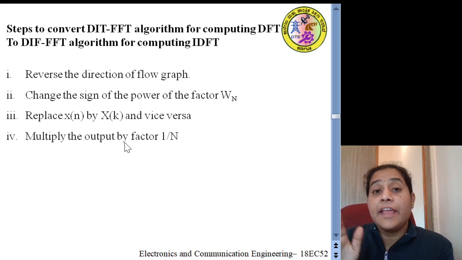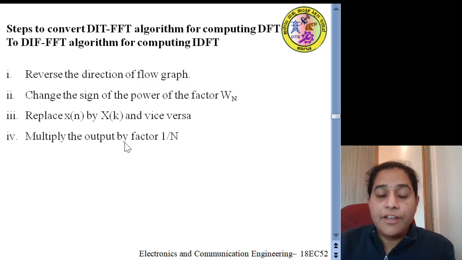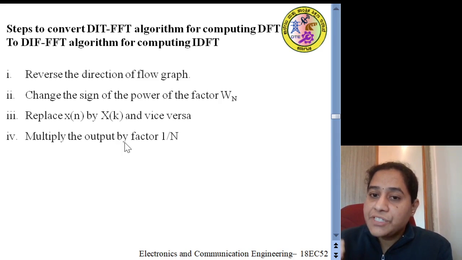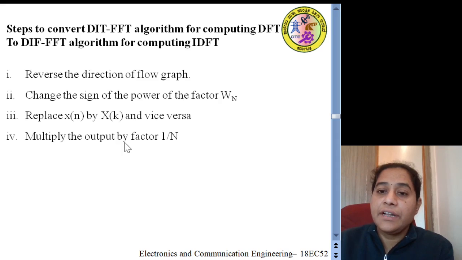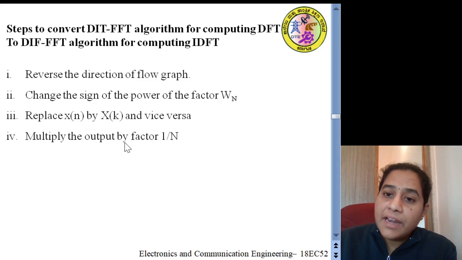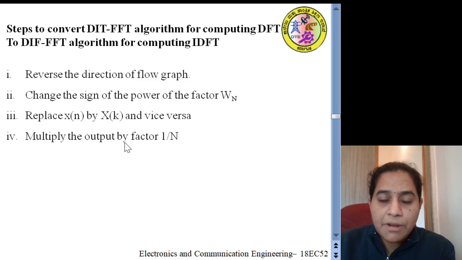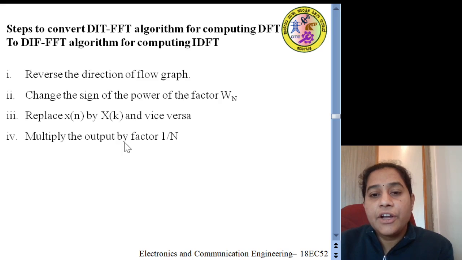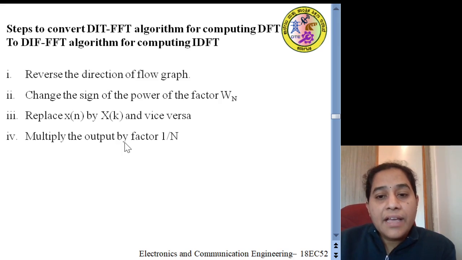Then at the end of the flow graph, we have to multiply every sample by the factor 1 by n. So with these four steps, we can convert the decimation in time FFT algorithm, which is responsible for finding DFT, to the algorithm which computes IDFT.